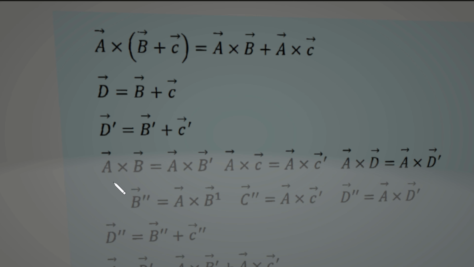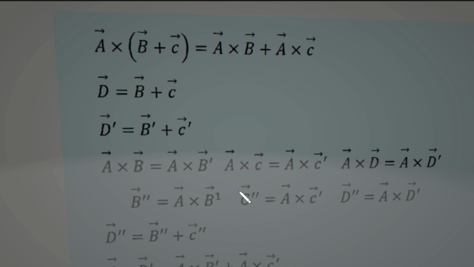Therefore the new vectors we can write as B double prime bar, C double prime bar, D double prime bar. That means B double prime bar is A bar cross B prime bar, that is nothing but A bar cross B bar.